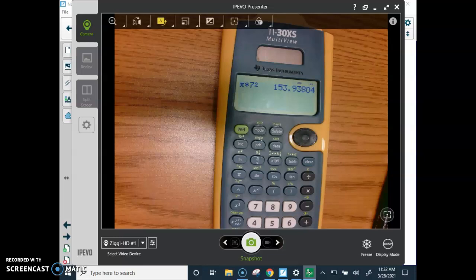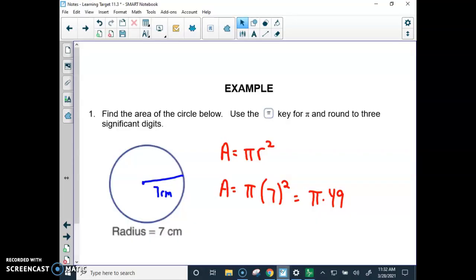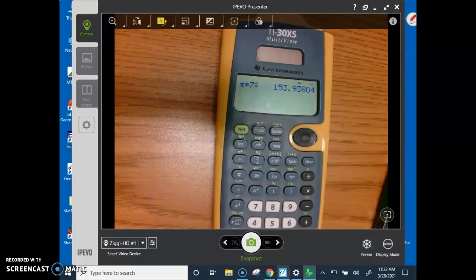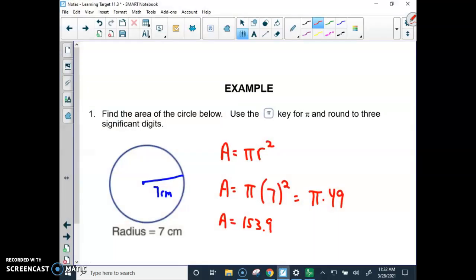So I'm going to go back here, and area is equal to 153 point, and I've got to go back to check again, 9384.